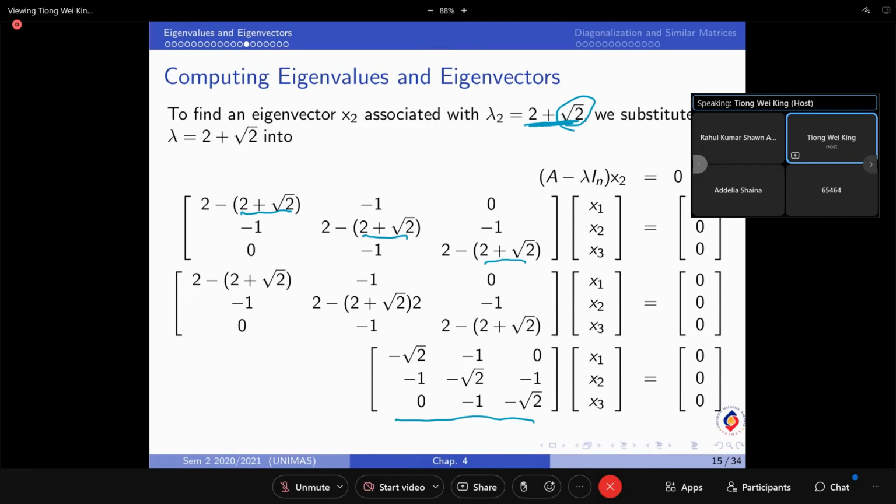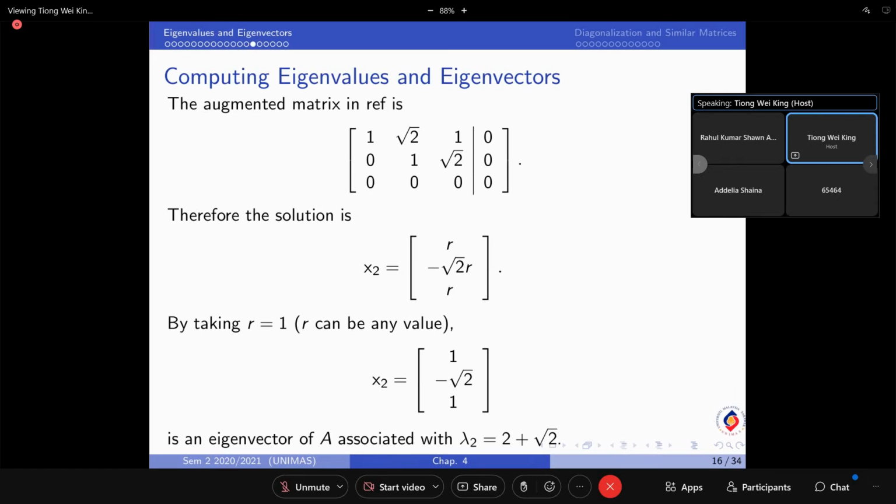And then you solve it using Gaussian elimination. Then you will obtain our eigenvector like this. Again you choose r equals to 1. Then you have our eigenvector equals to this. So this is the eigenvector for this eigenvalue.